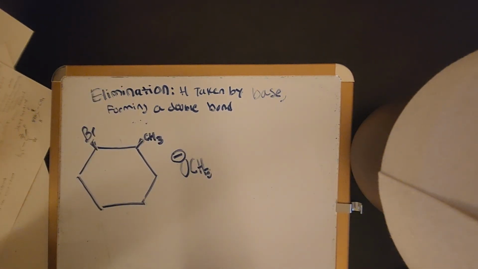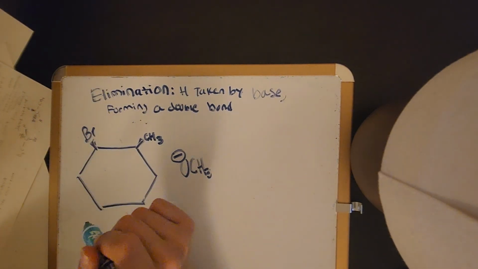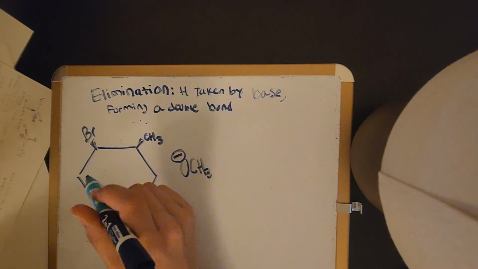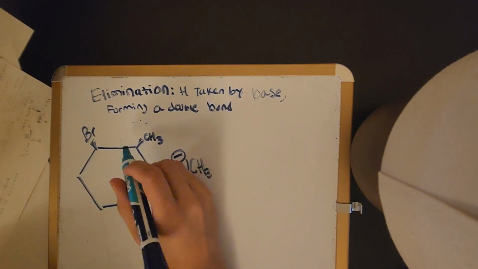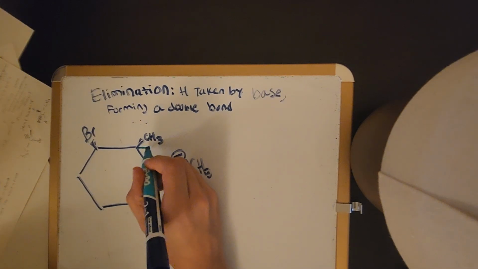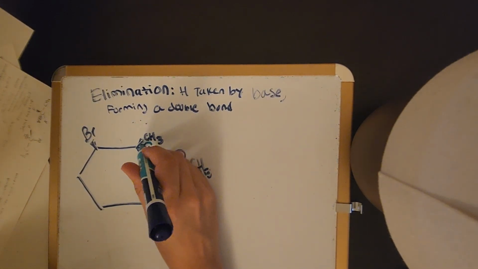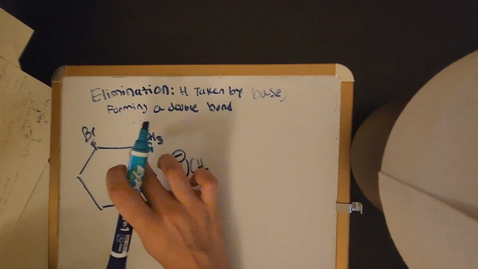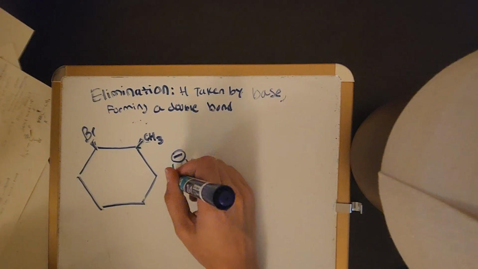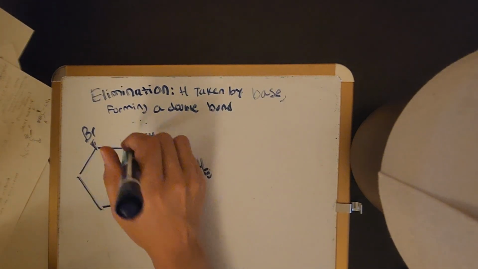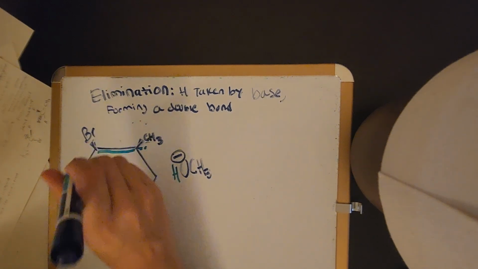In this case, Br is here, and so this OCH3 is going to steal this hydrogen from this carbon here. The hydrogen is going to give its 2 electrons and join here, thereby giving a double bond.